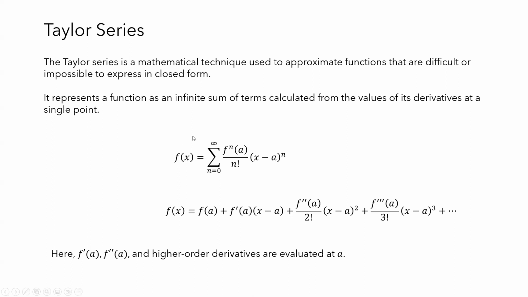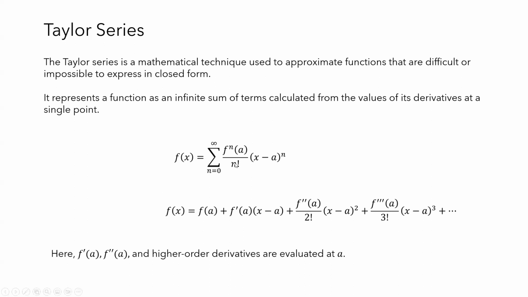So this is the expression for the Taylor series, and here we expand the function, which is f of x, and we calculate the summation from n is equal to 0 to infinity, and within the summation you can see that it has the derivatives like first derivative, second derivative, third derivative, up to infinity.